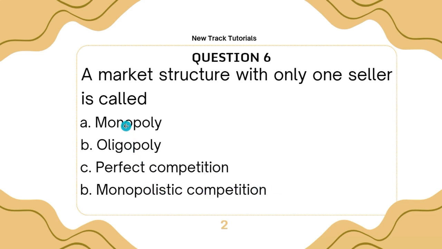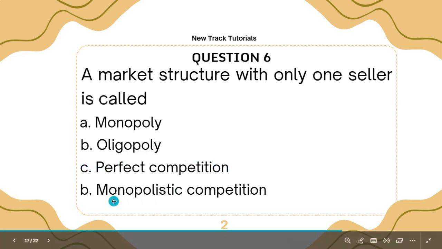Now, monopoly is one person selling a product or services without close competition. Oligopoly is a market where a few companies control most of the sales or market. Perfect competition is a structure where we have a lot of people selling and there is competition.